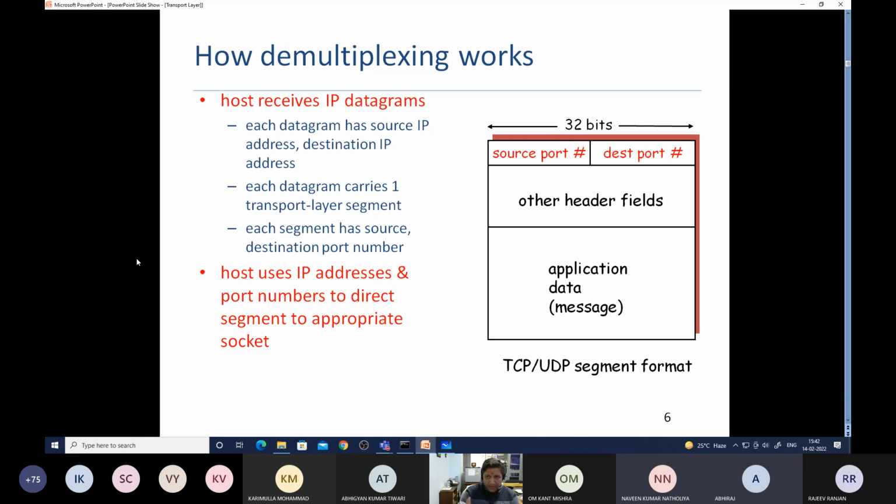Because all the sockets in that machine have the same IP address, if it has one LAN card, which socket is for which application is decided by the port number.